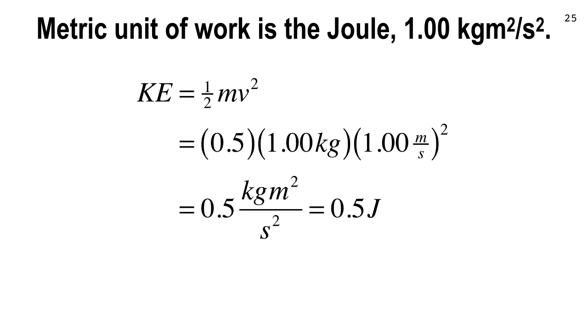So for instance, if you have a 1 kilogram mass and it's moving off in any direction at 1.00 meters per second on the speedometer, the kinetic energy is 0.5 times 1 times 1 squared. And so that works out to 0.5 kilogram meter squared per second squared. And that's the same as a joule.